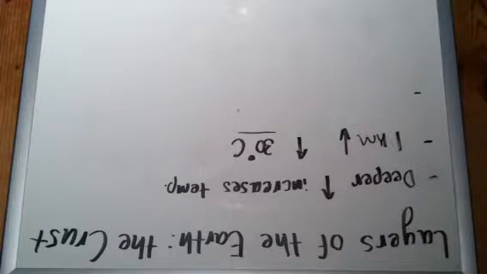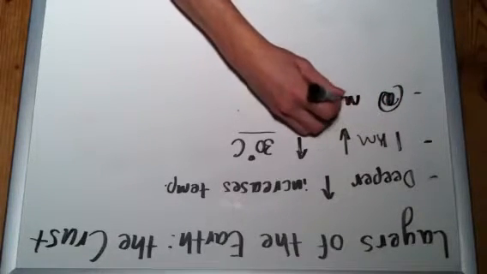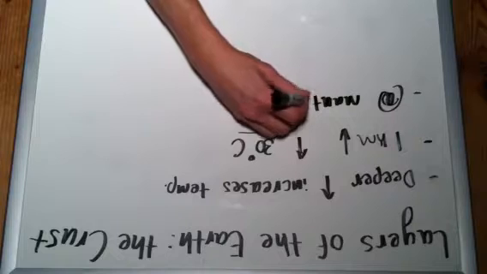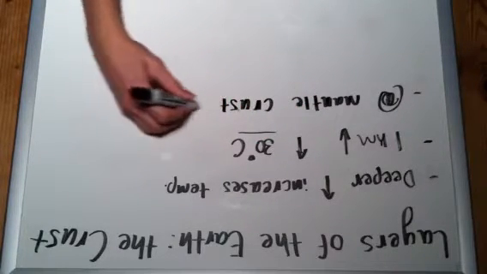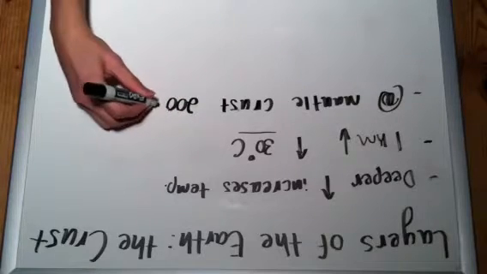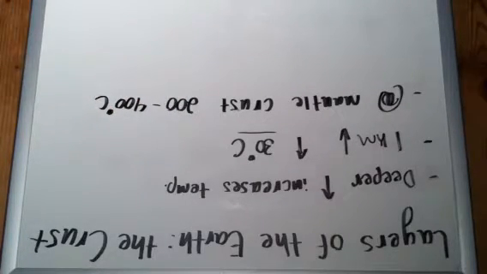And speaking of the contact between the crust and the mantle, at the contact between the crust and the mantle, the crust is somewhere between 200 and 400 degrees Celsius in temperature.